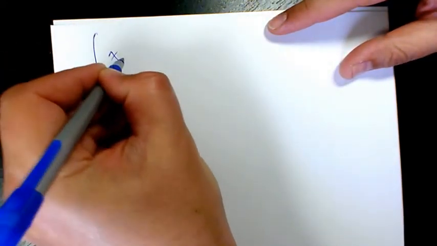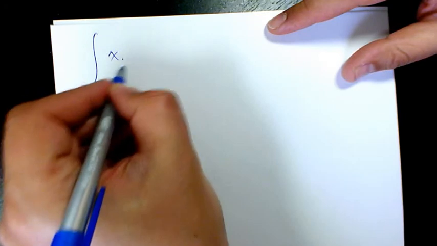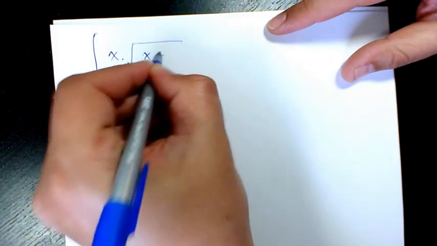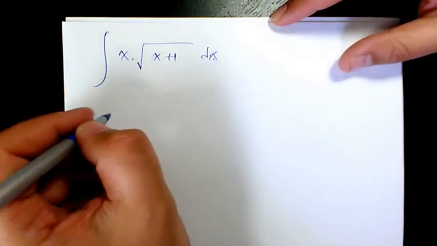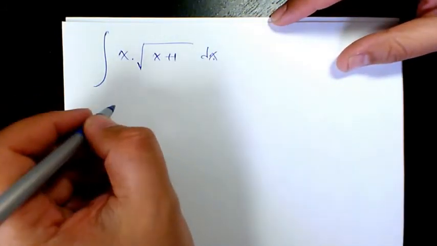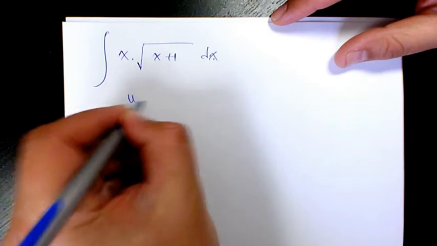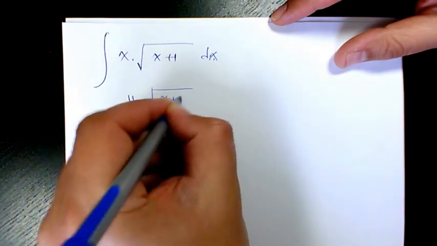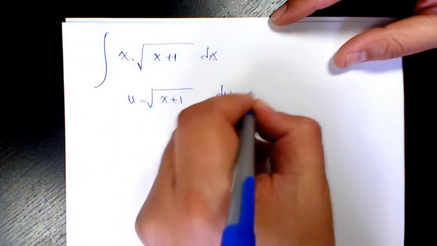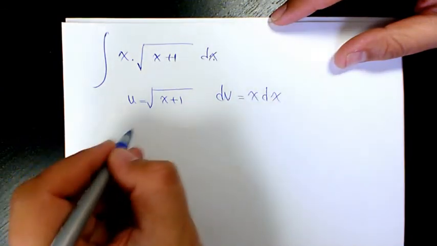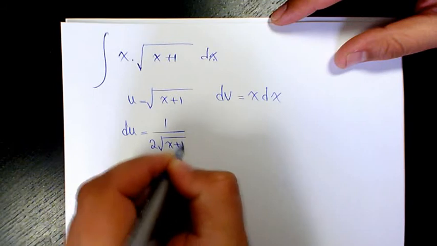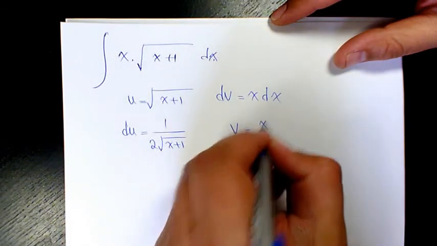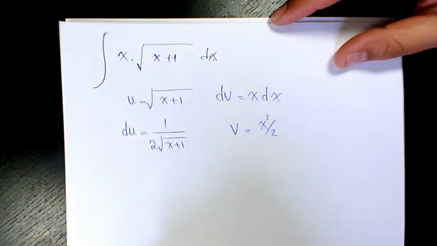Next example. The integral of x times square root of x plus 1 dx. So we can say u is root x plus 1, dv is going to be x dx, du is going to be 1 over 2 root x plus 1, v is going to be x squared over 2.